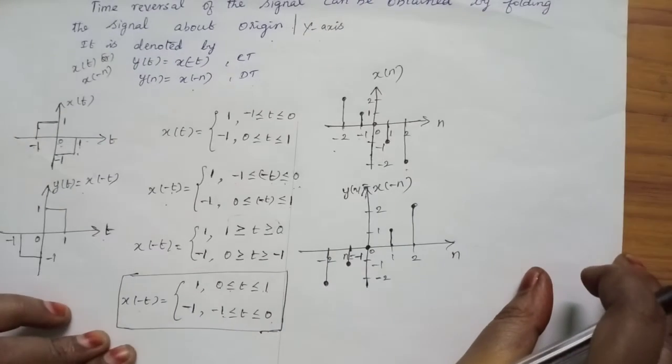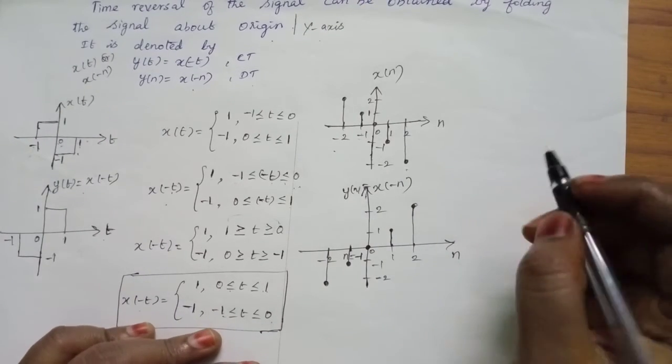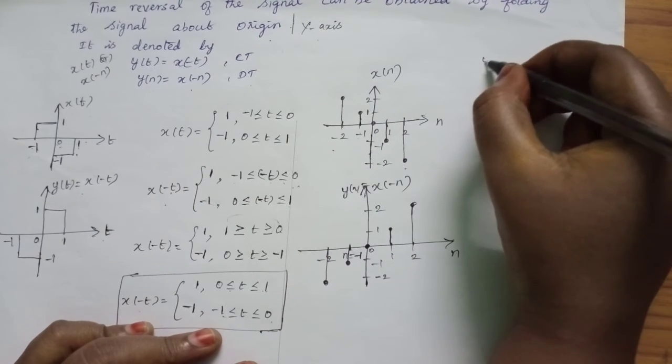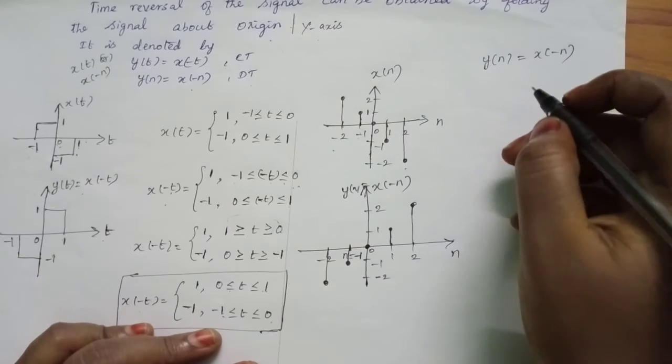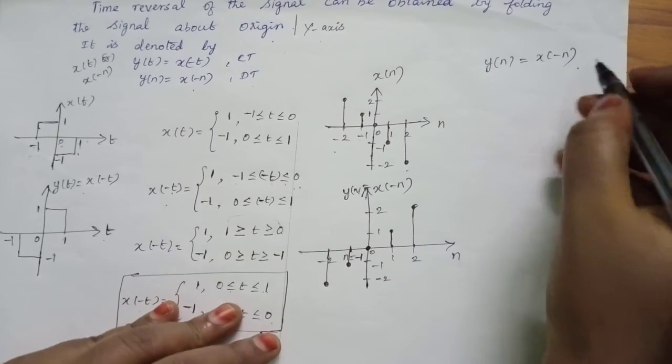This we can also prove in the mathematical way, that is y of n equal to x of minus n. This is the time reversal operation.